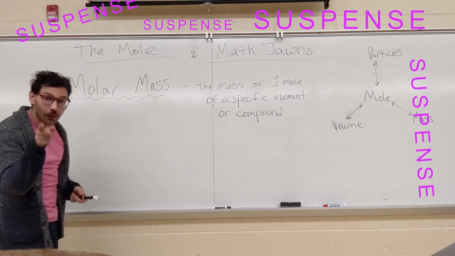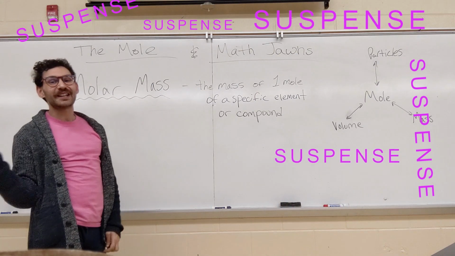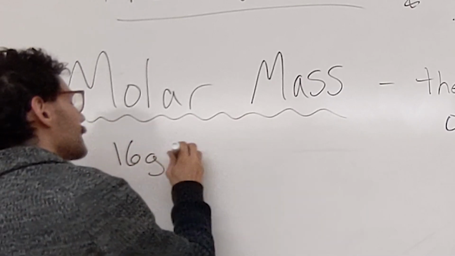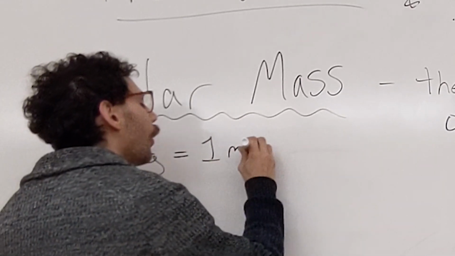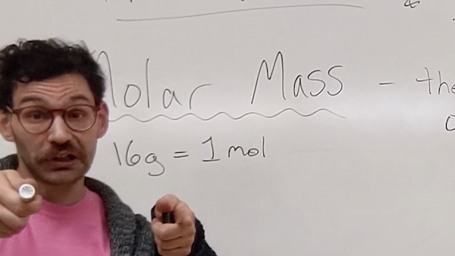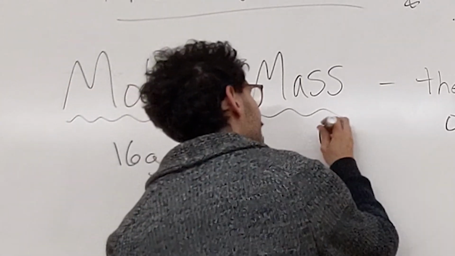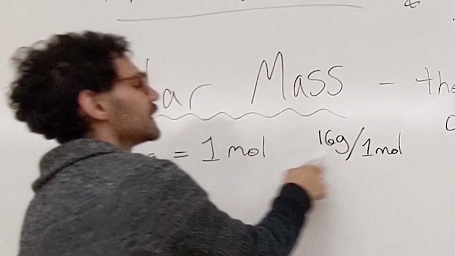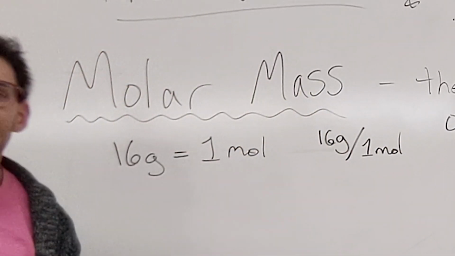Molar mass is typically expressed either as something like 16 grams equal to 1 mole, or as a fraction, because fractions are lit, and that would look like 16 grams over 1 mole. Typically, this is how we would see molar mass expressed.